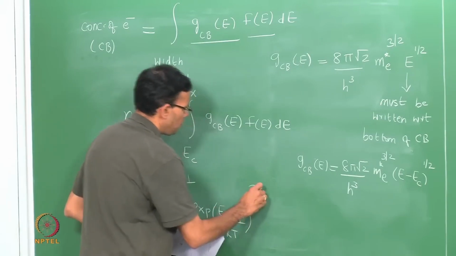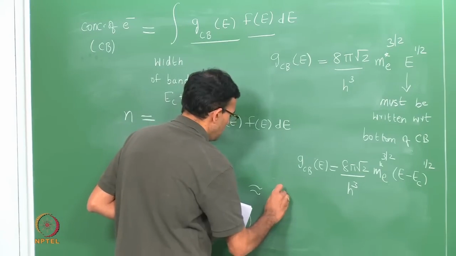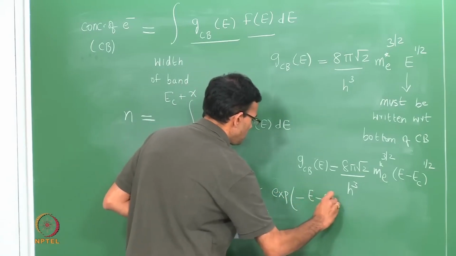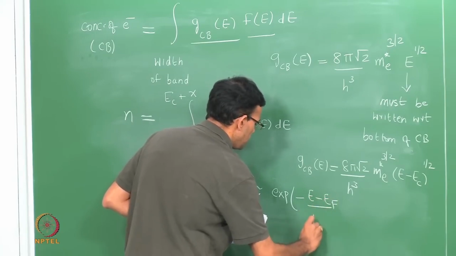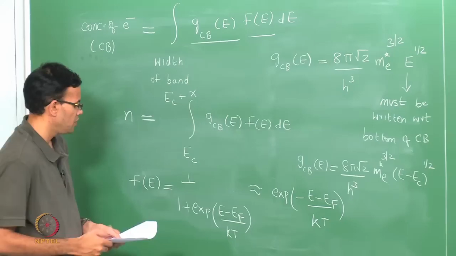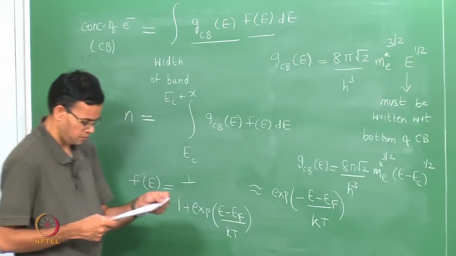So, we can approximate the Fermi function as a Boltzmann function and write this as exponential of minus E minus EF over kT. So, this expression approximates to this one.